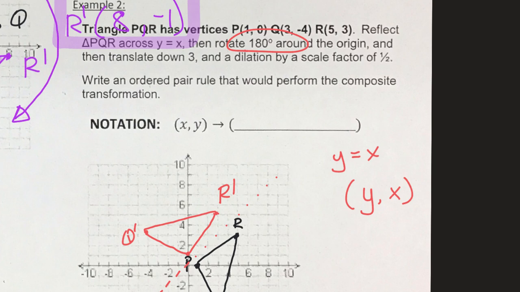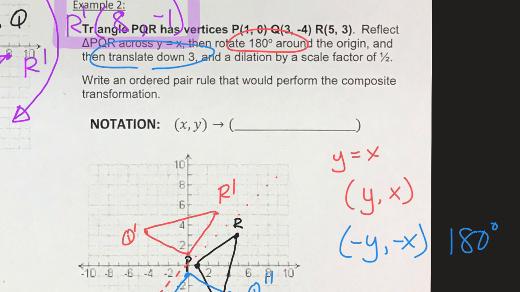So when we rotate 180, you make both of your values negative with a 180 degree rotation. So there's your 180 rotation. Now we're going to translate all of it down 3. So when we translate down 3, just the current y value changes.